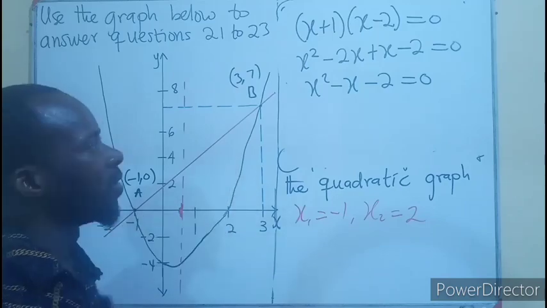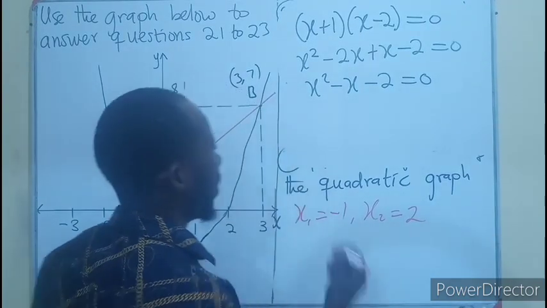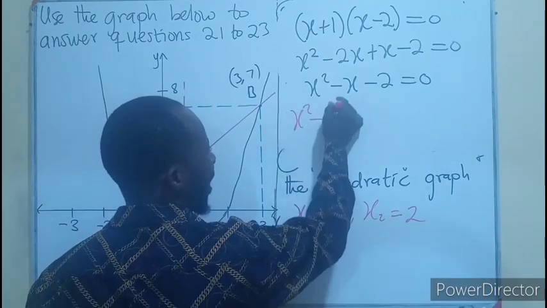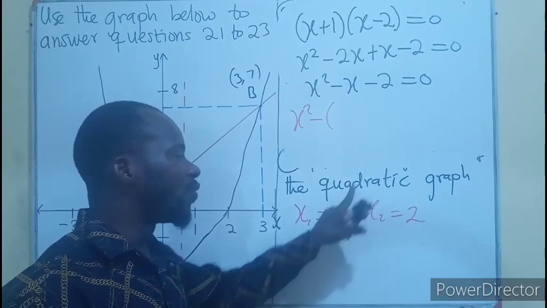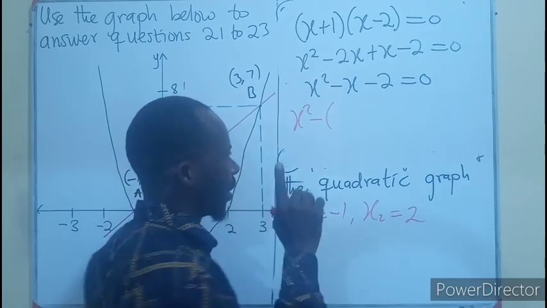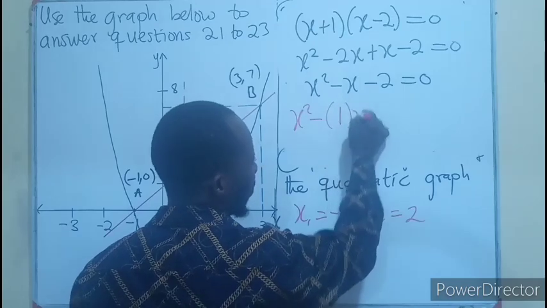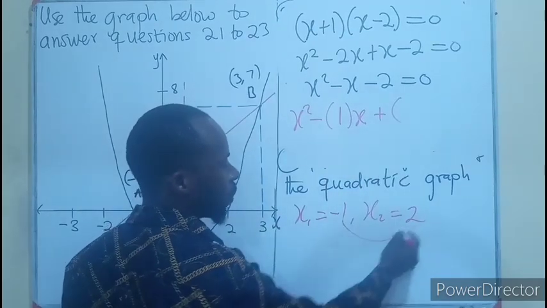That is one way of getting your quadratic equation. Or we can say x squared minus the sum of the roots. What is the sum? Negative 1 plus 2. That will give us 1, right? So 1 multiplied by x plus the product of the roots.